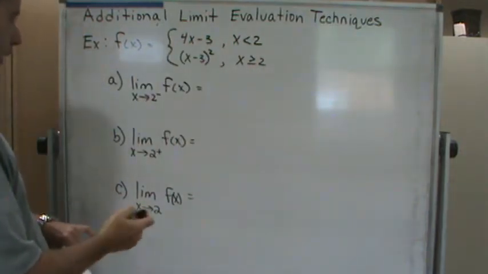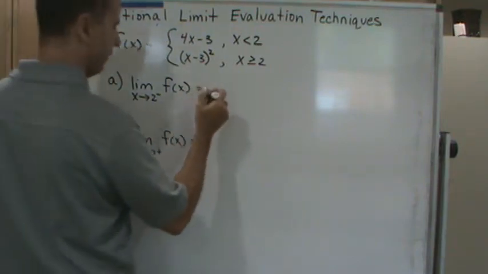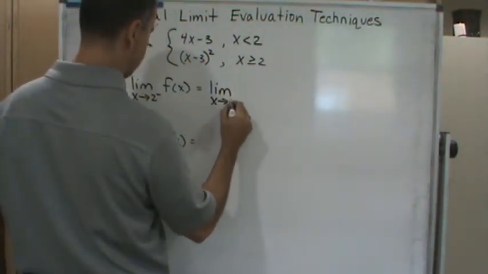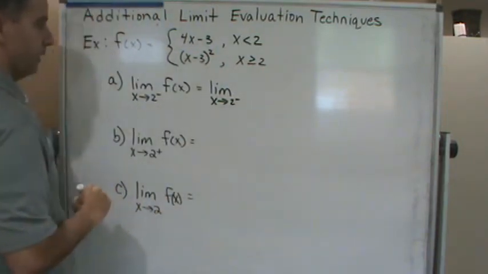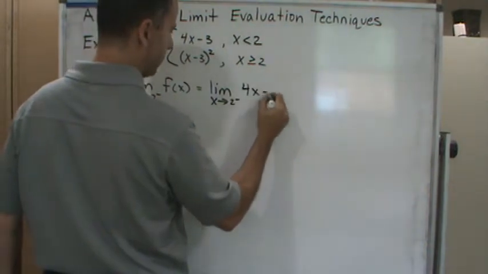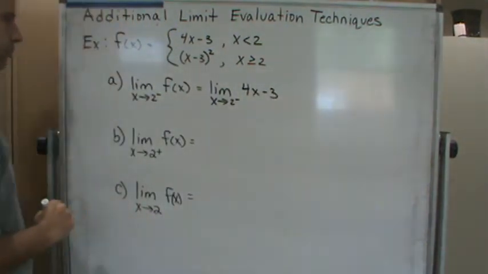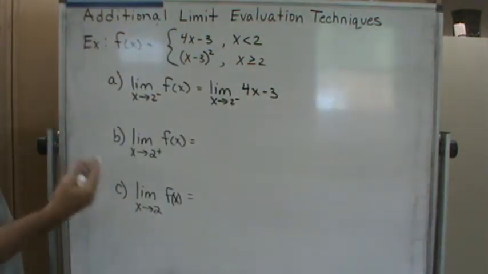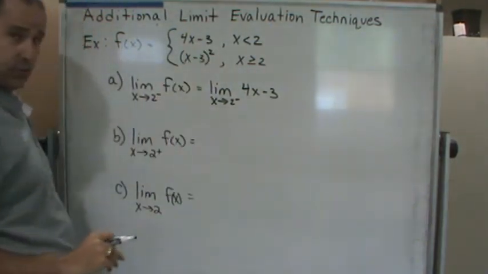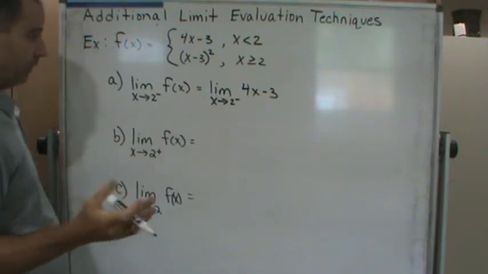So what we're dealing with is the limit as x approaches 2 from the left, which is going to be defined on this rule. So it's going to be 4x minus 3. And since we know it's defined by this rule, and there's no issues here, it's defined everywhere.